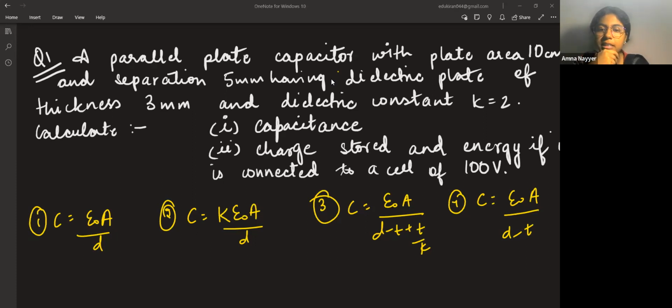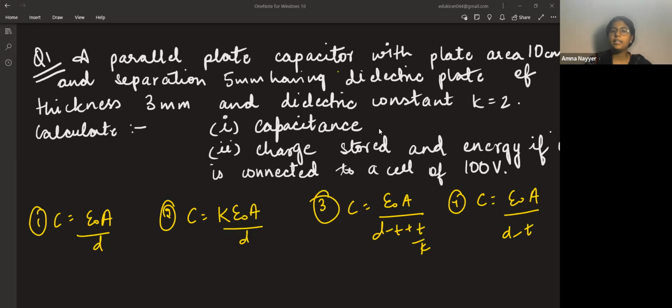Okay, Fia has changed her answer. Rajita. Okay. Deborah, what about you? See, I think till now only one student has answered correctly. Only Amna's answer is right.